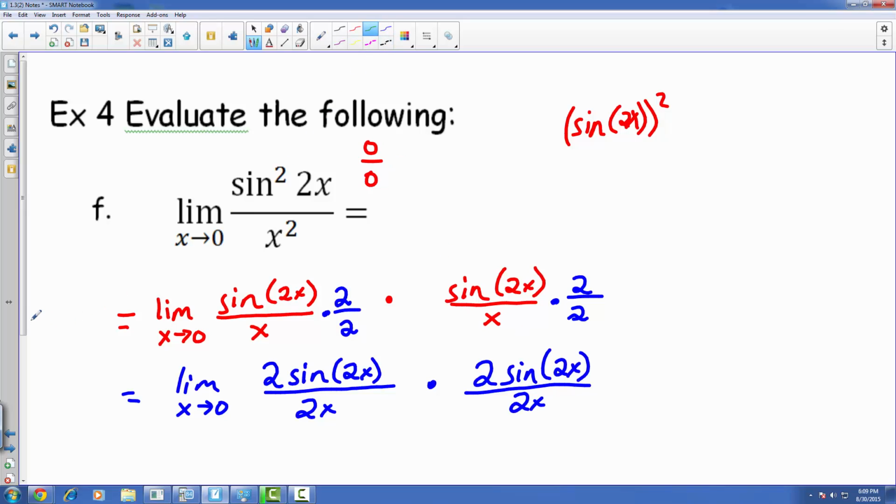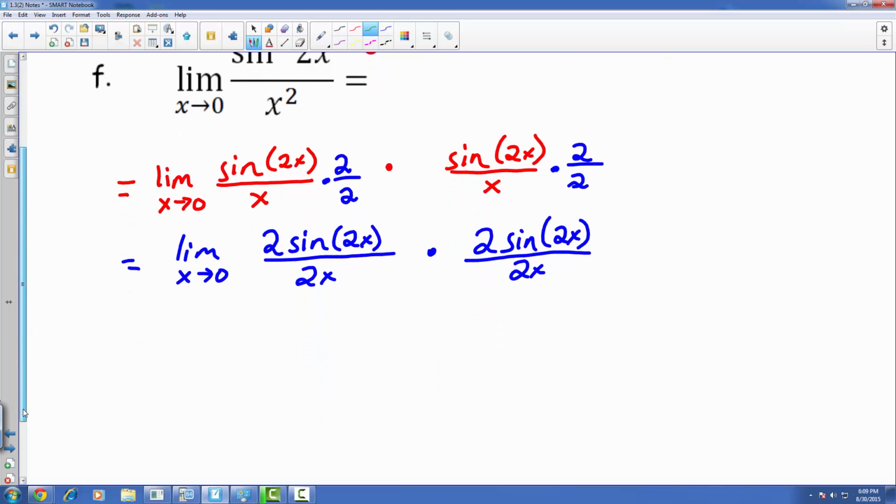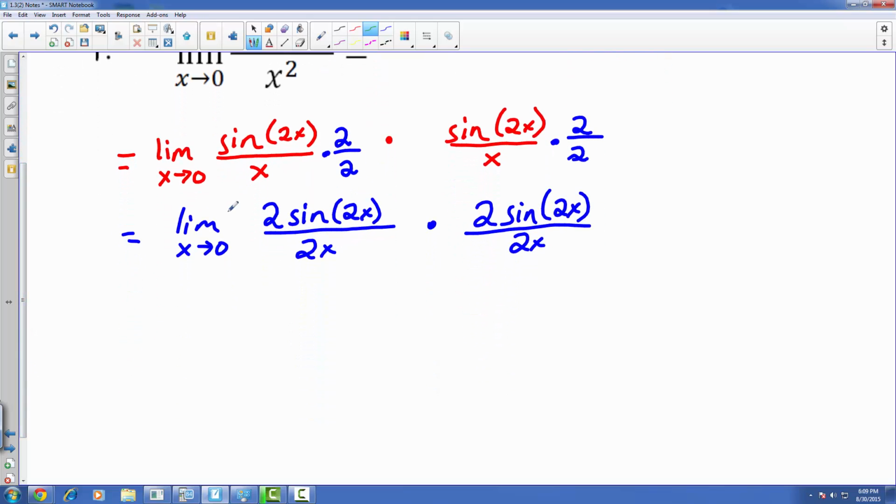So at this point, I'm going to go ahead and break these limits up just so it's a little bit easier for us to see. Again, we can apply this limit to both of these items using that product property with limits.